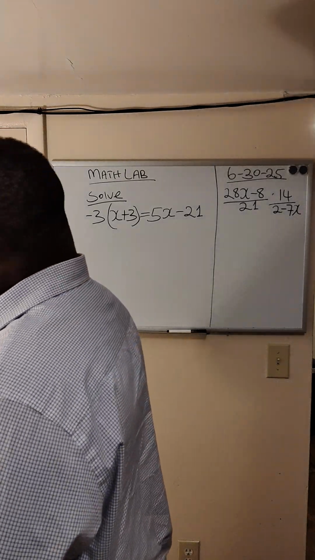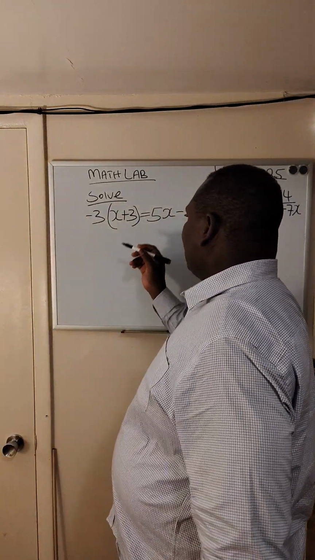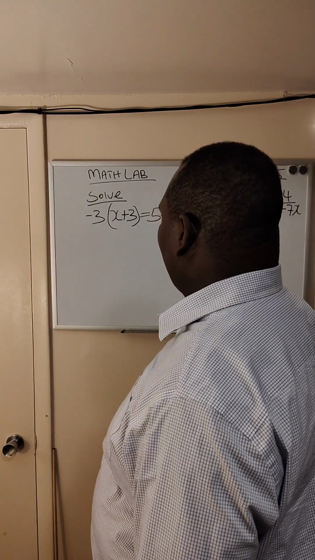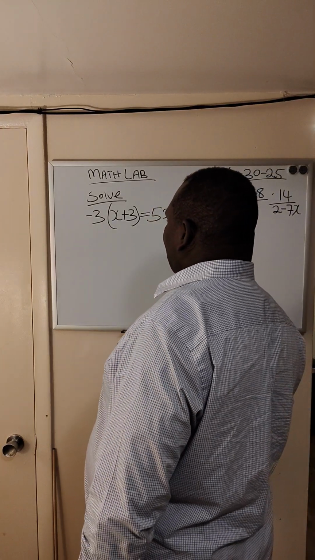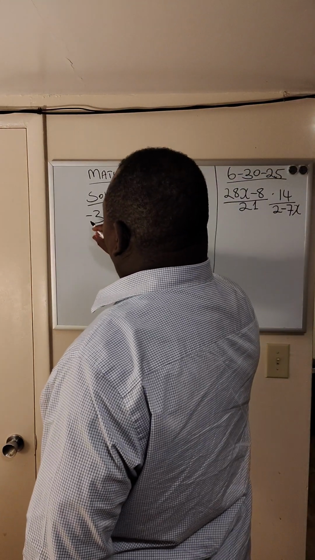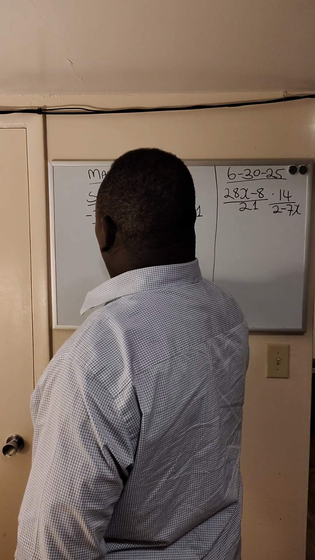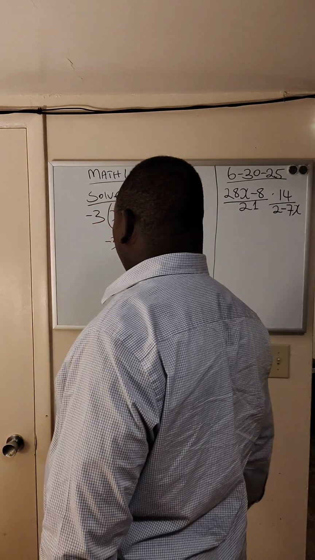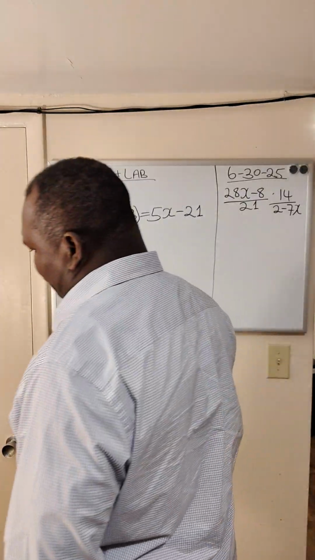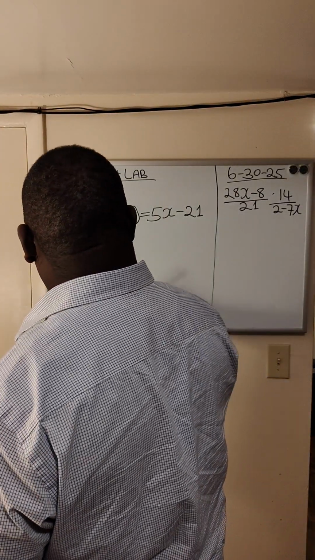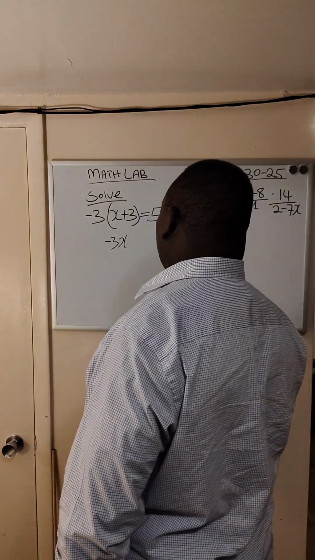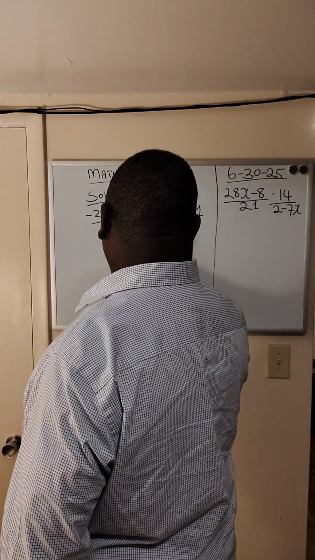That means we first have to deal with the bracket. We have to eliminate the bracket. How do we eliminate the bracket? We multiply -3 by x, which gives us -3x. Then we have negative multiplied by +3, which gives us -9.